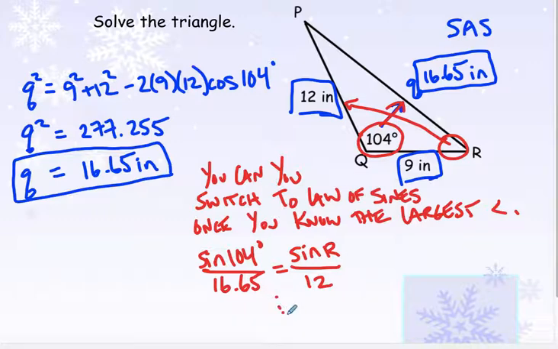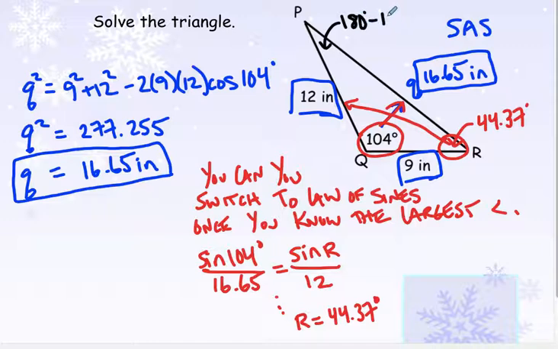And when you cross multiply and solve that, for R you're going to get 44.37 degrees. All right, and then lastly, if I want angle P, I'm going to do 180 minus 104 minus 44.37, and angle P will be 31.63 degrees.